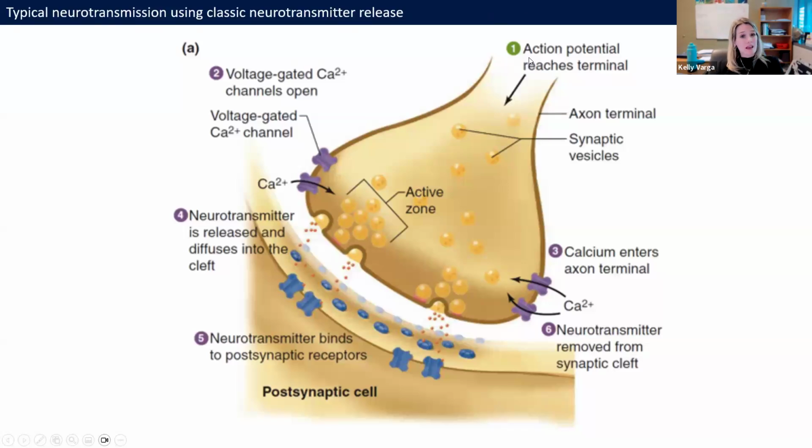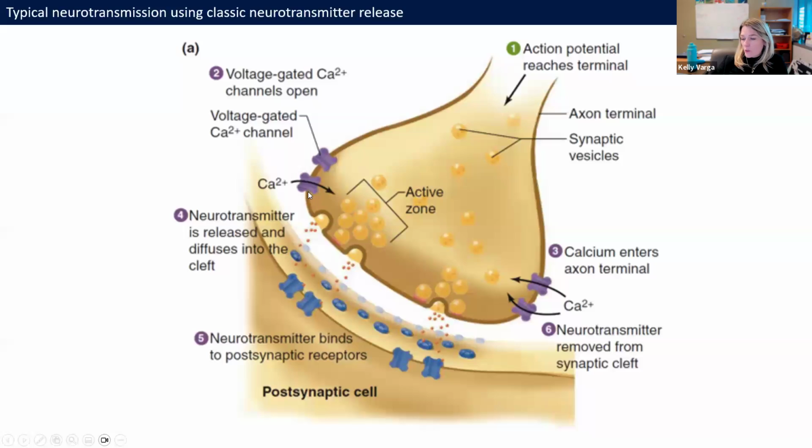Just like in the action potential, where we have our sodium-potassium pumps to calibrate, we inactivate voltage-gated sodium channels, we inactivate our potassium channels, we hyperpolarize. And then our saltatory conduction comes back down in that little node to 0, back to resting membrane potential at minus 70.